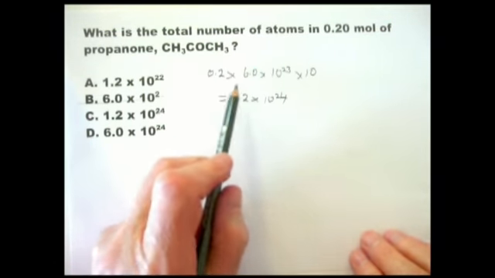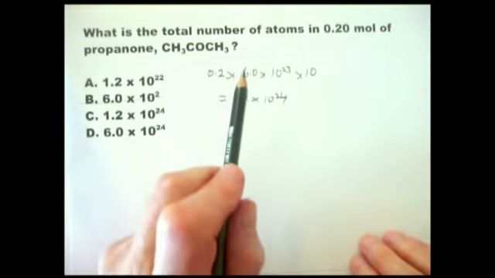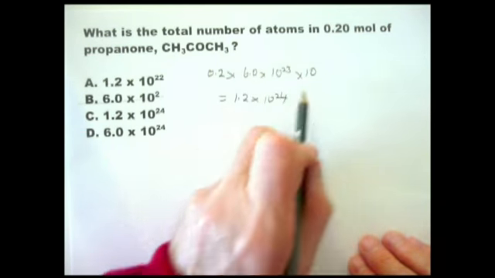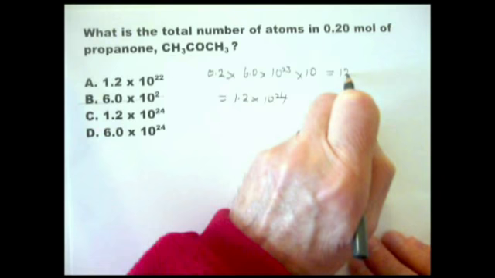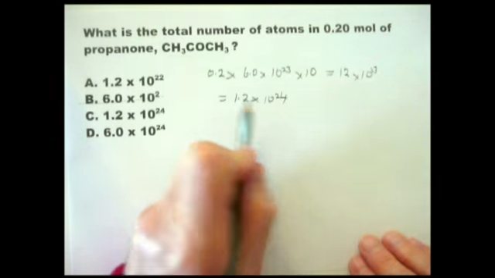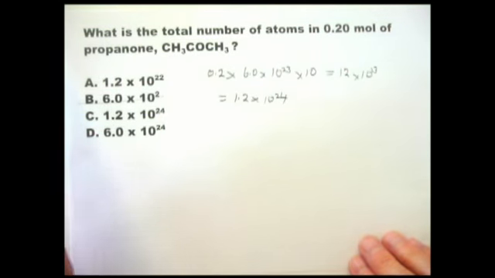There are different ways of getting it, however you do it, but you're not using a calculator, you're just writing it down. And your intermediate may be 12 times 10 to the 23. If you write it down, then you get 1.2 times 10 to the 24. And that gives you C.